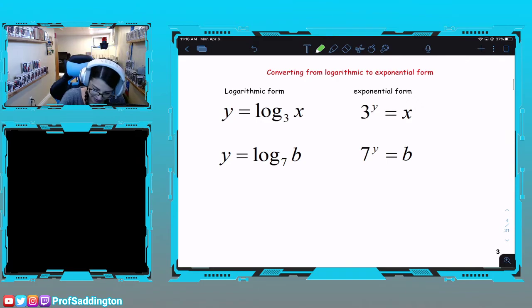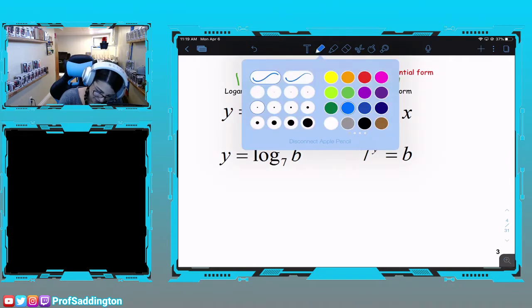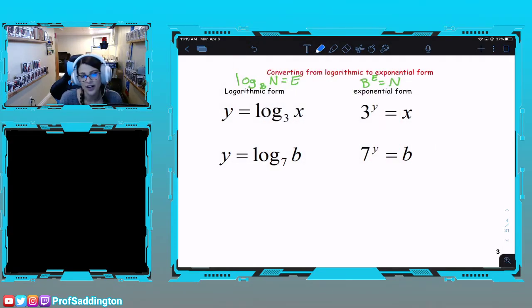So again, we have Ben the bunny. We want to see, are these correct? They're just writing their equals exponent on the other side.